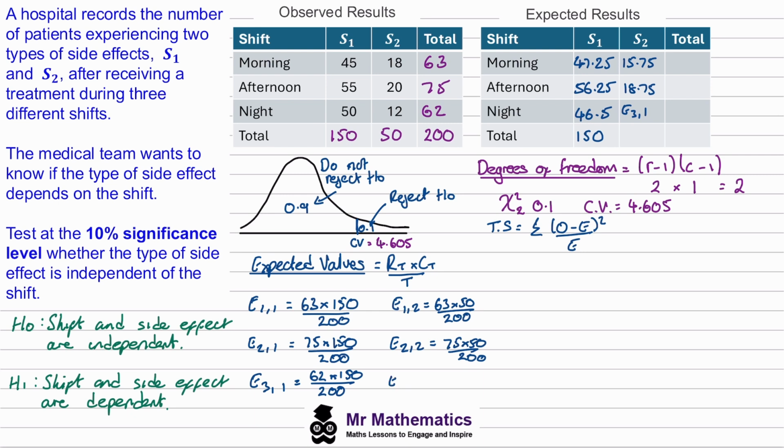And then finally, the expected for the third row, second column, we'll have 62 times 50 divided by 200, which works out as 15.5. We'll add all of these together and we do get 50. We'll add our rows and we get 63, 75 and 62. Again, with an overall total of 200.